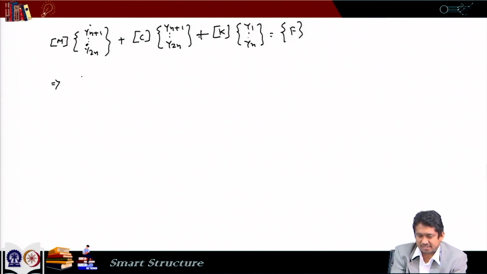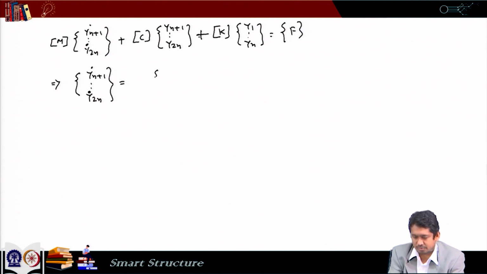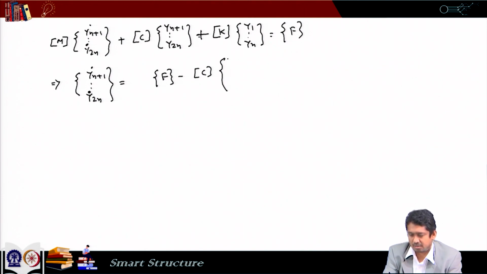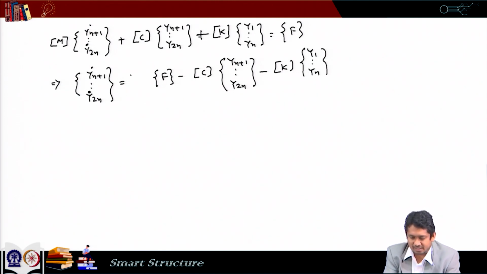So, from this we can say that y n plus 1 dot up to y 2n dot is equal to f matrix minus c times y n plus 1 all the way up to y 2n minus k times y1 up to yn, and this entire thing is multiplied with m inverse.